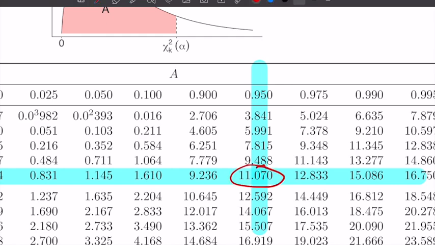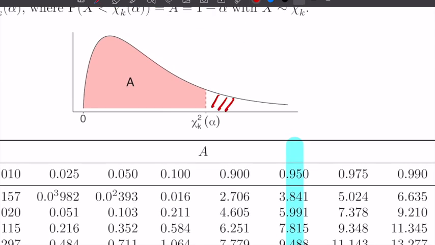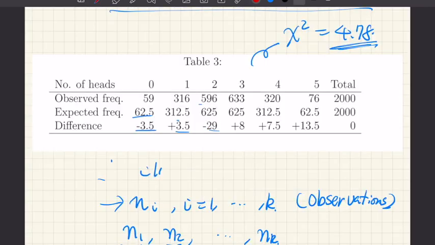If the chi-square statistic is greater than this number, then the probability in this shaded region is less than 5%, so we can reject that the two distributions are the same.